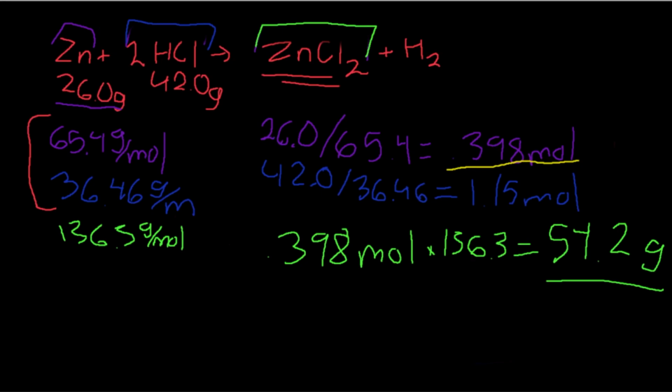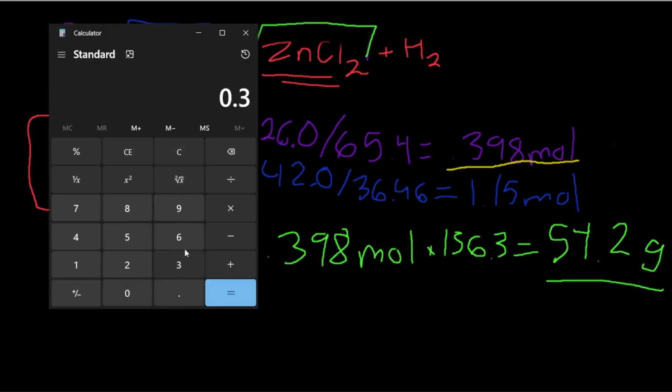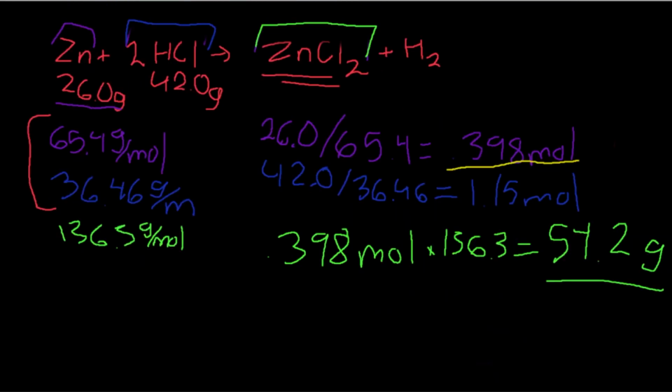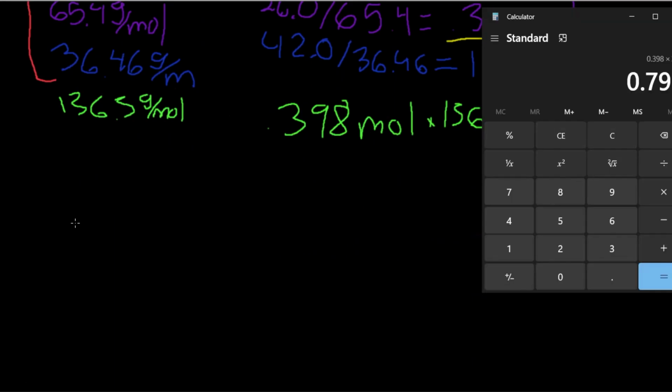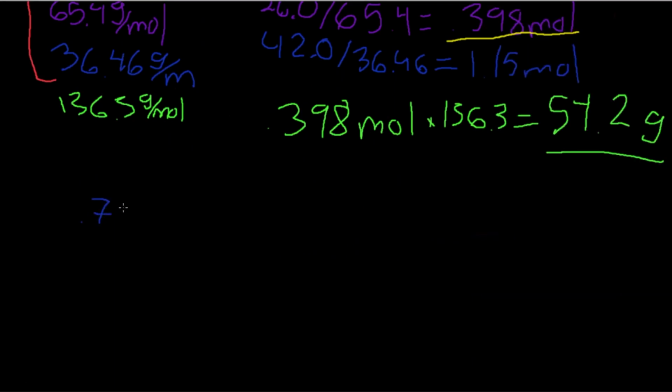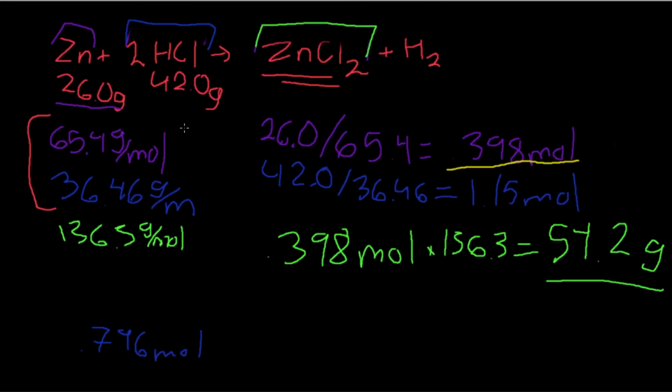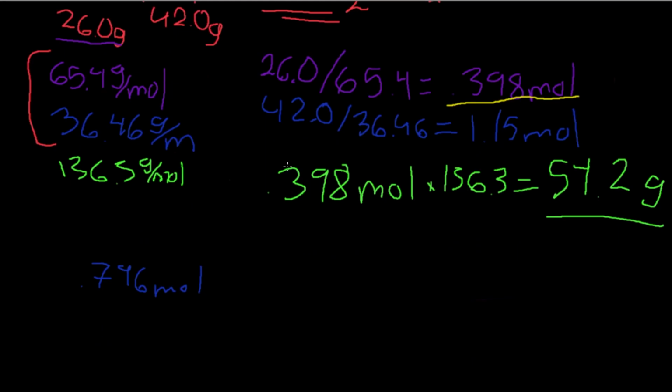So if we take 0.398 and multiply it by 2, we get 0.796 moles of HCl.